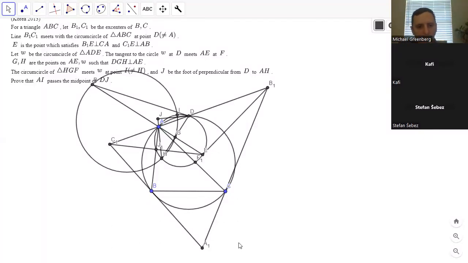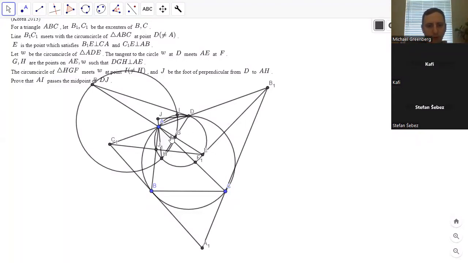And now you can define the whole problem just by points A, D, and E themselves. It would go like this. You have that triangle ADE, which has a right angle at D. Then you would define G and H as the intersection of the perpendicular line from D to AE with those two, AE and the circle.